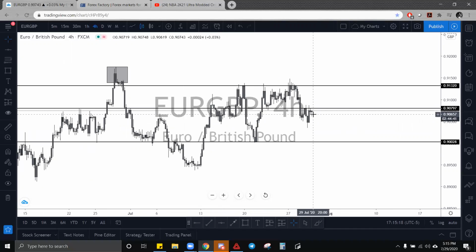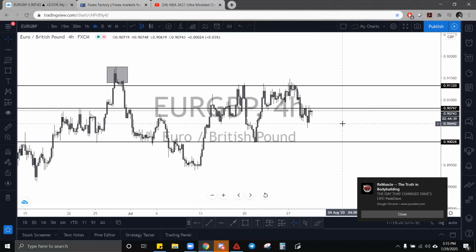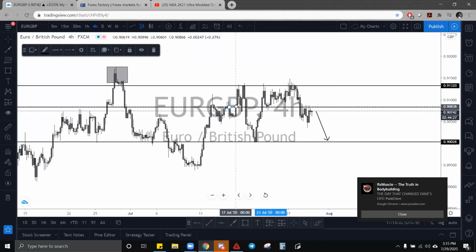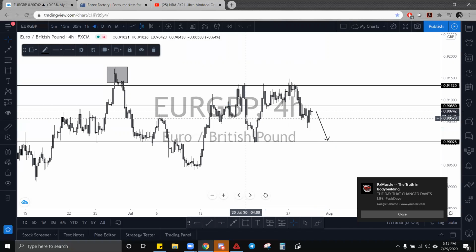So what I will be looking for is to potentially see this pair come right here at this level of support, because right now it's hugging resistance, right?